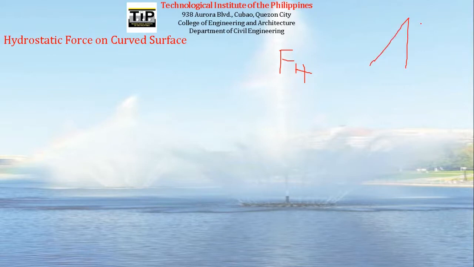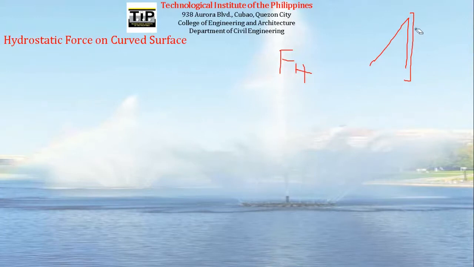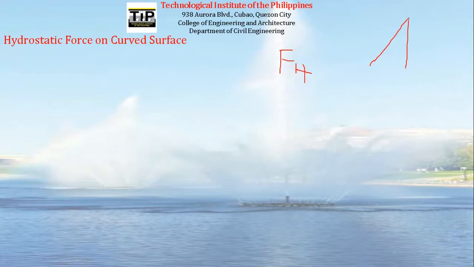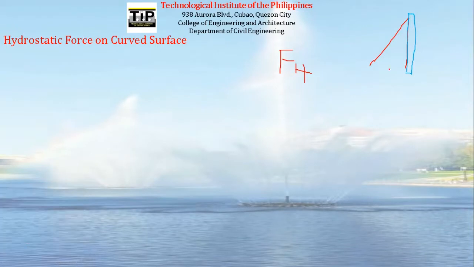Let's say we have a flat surface that is vertical. Now the pressure diagram is shaped like a triangle.